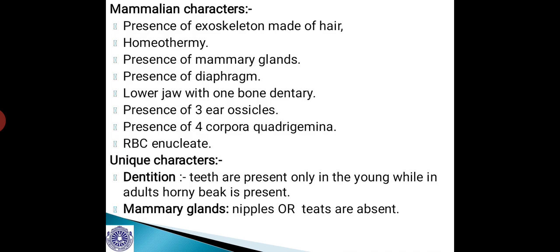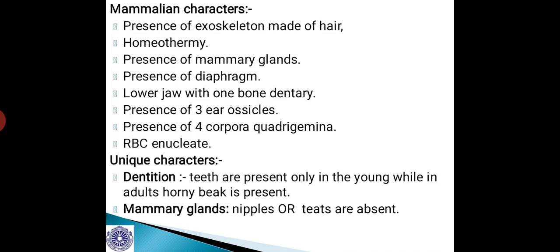Then coming to some mammalian characters of these prototherians: presence of exoskeleton made of hair, homeothermy, presence of mammary glands, presence of diaphragm, the lower jaw with only one bone, that is the dentary bone, presence of 3 ear ossicles like malleus, incus and stapes, presence of 4 corpora quadrigemina, and the erythrocytes are enucleate type. So these are some mammalian characters.